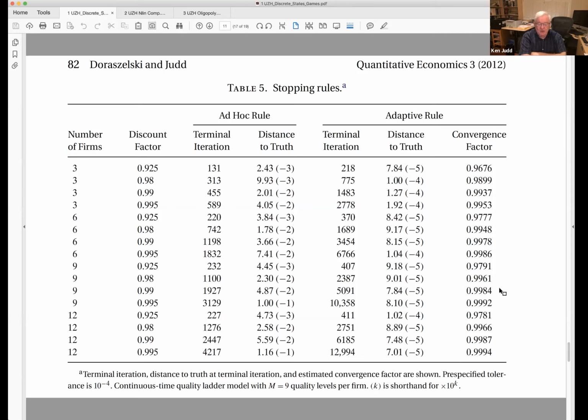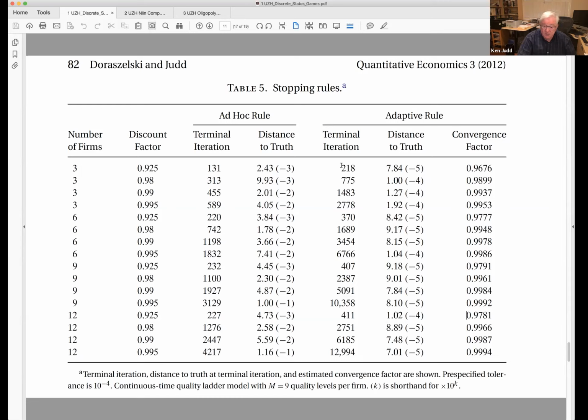Now, what we did is we were able to spend a lot of time to compute the truth. The ad hoc rule would be often stopping when it agrees to 3 digits or 4 digits, something like that; the details are in the paper. And what you see is that, particularly when you had many firms and the discount factor was closer to 1, the distance from the truth could be much larger than you thought.